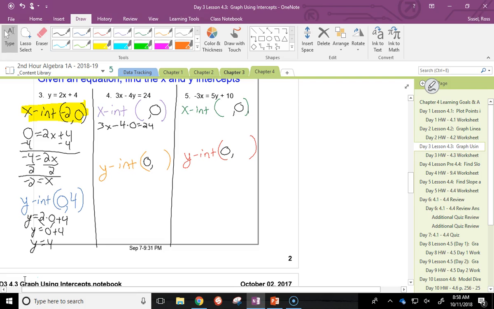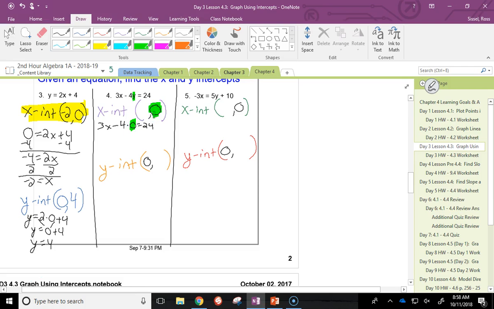To find my x-intercept, I'm using the coordinates x and y. To find x-intercept, I know my y-coordinate is 0. So when I rewrote the equation, I'm putting y as 0. Now y is 0 because of right here.